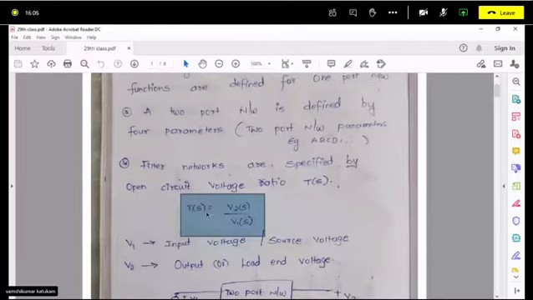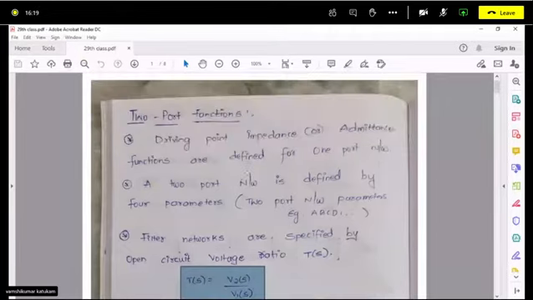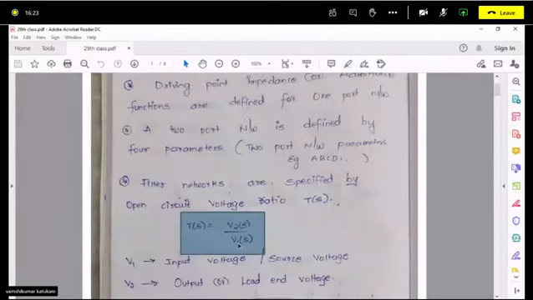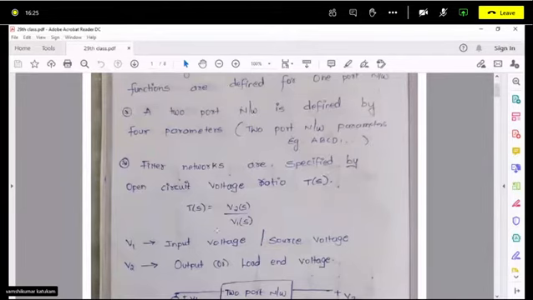It is the Laplace transform of output upon the Laplace transform of input with zero initial conditions. For a two-port network, it is V2(s) upon V1(s). Here we are trying to synthesize a network for this transfer function. Two-port networks are specified by these transfer functions.